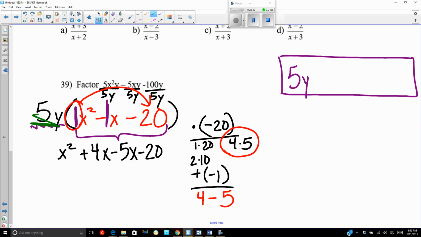And really, we can forget about the 5y. We've already put it in the answer box. It doesn't affect anything from here on out. We're going to factor this using the grouping method. So the GCF of the first group is an x. The GCF of the second group is a negative 5.